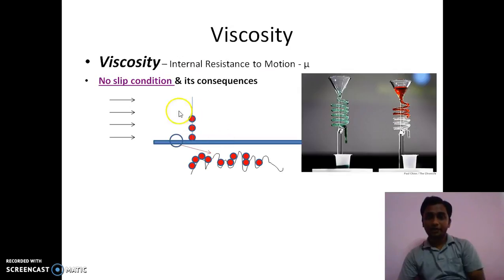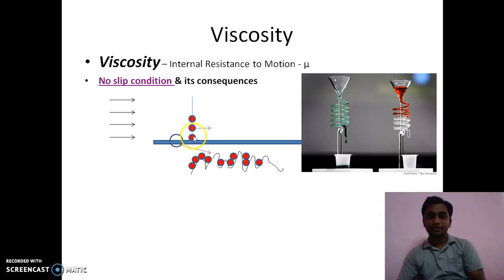So here we have fluid, and this resistance provided by molecule 1 to molecule 2 is an internal resistance provided to its momentum, to its motion. That's why viscosity is known as internal resistance to motion. Now we'll try to draw a velocity vector for individual molecules.